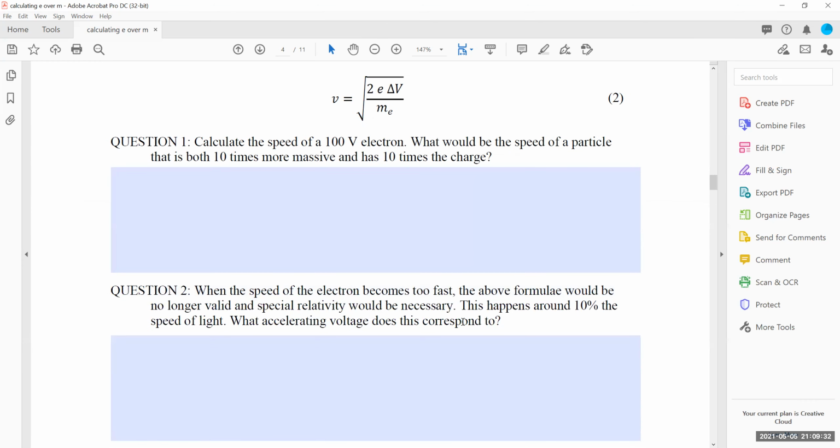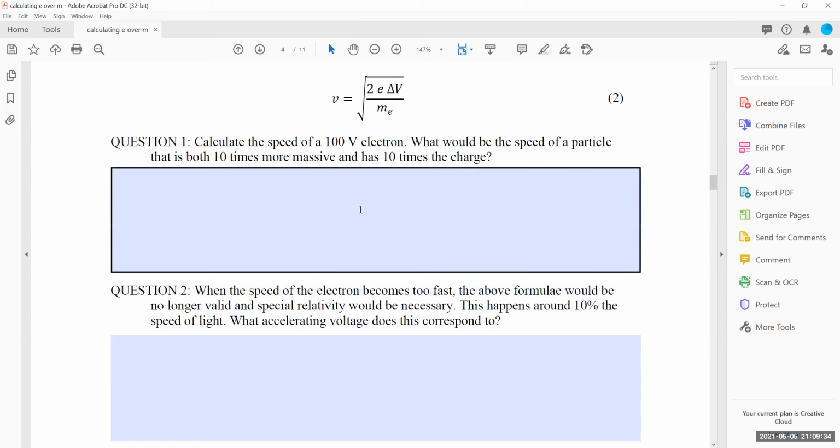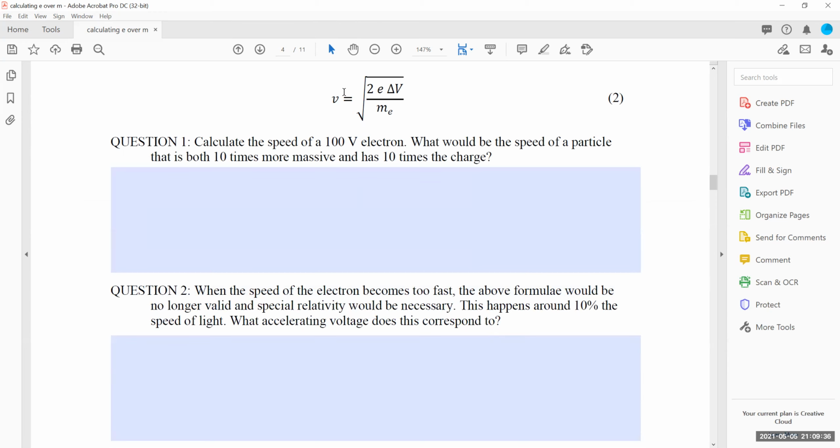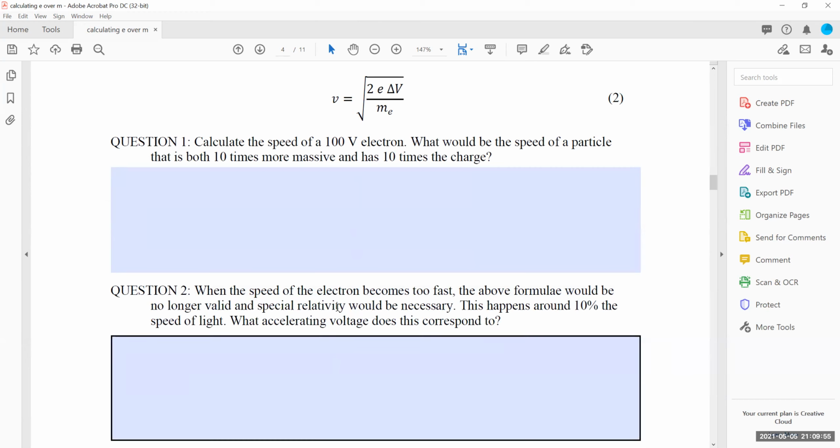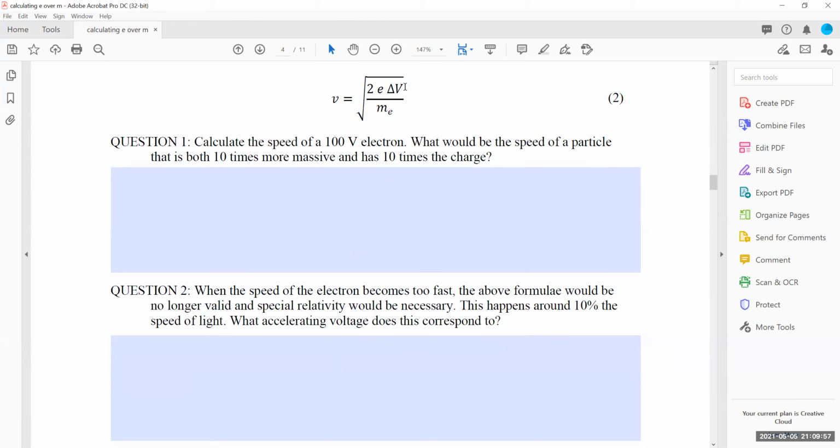So when does the speed become too fast? If this v becomes of the order of 10% or more of the speed of light, then you have to drop all of this mechanics and invoke relativity. You have to get into physics 4D. To avoid that and keep your problem accessible, you want to know what kind of voltage you can work with so that what you do is justified by classical physics.